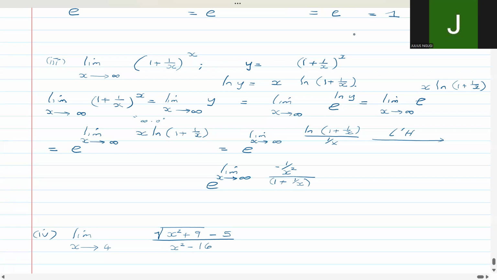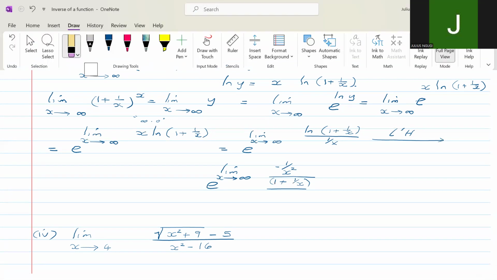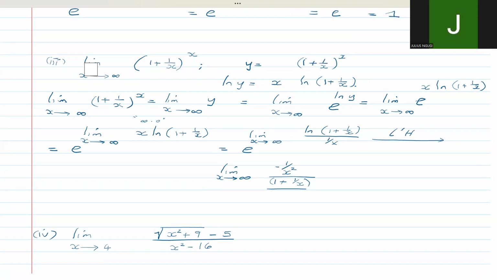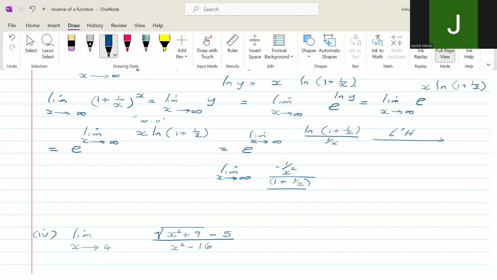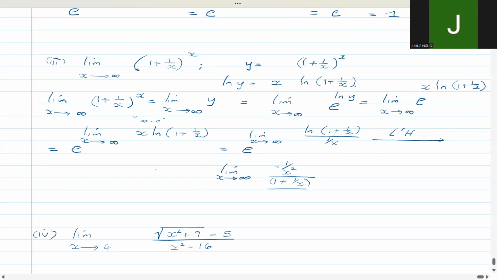Then over the derivative of the denominator, which is minus 1 over x squared. All this is in the power.